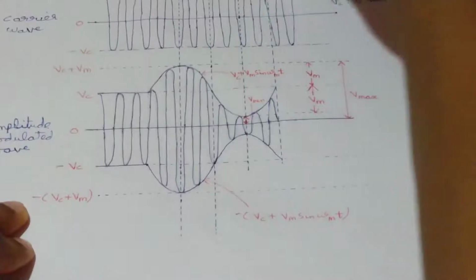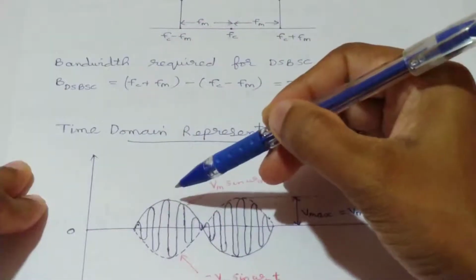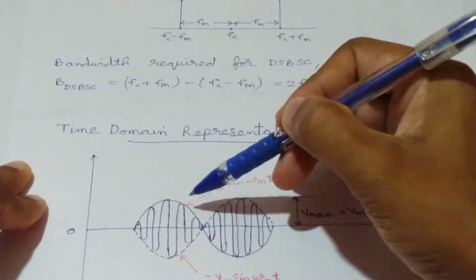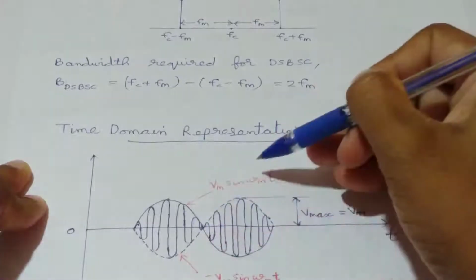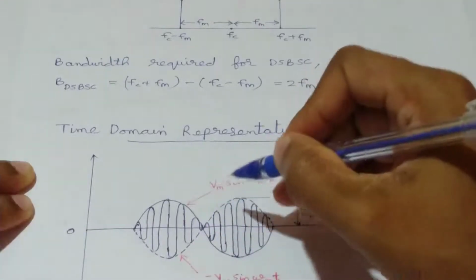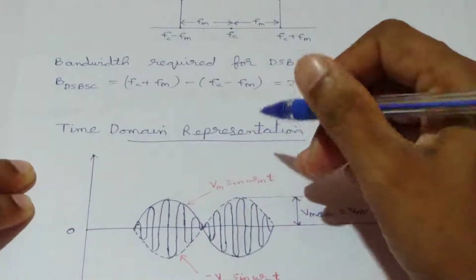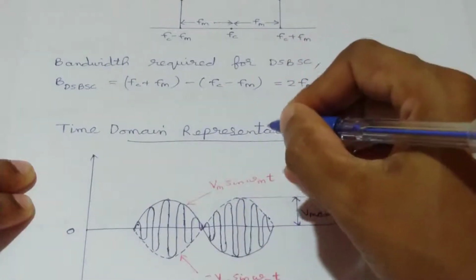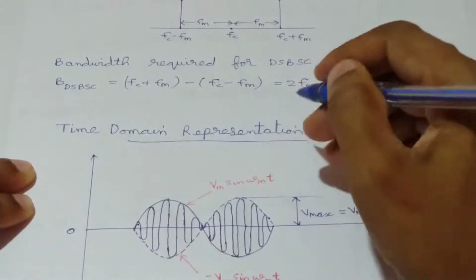But in the case of double sideband suppressed carrier wave, the top envelope crosses below the 0 reference line and the bottom envelope crosses above it. Then, when we consider the message recovery circuit at the receiver side, in basic AM it is very easy to recover the message signal from the received signal.